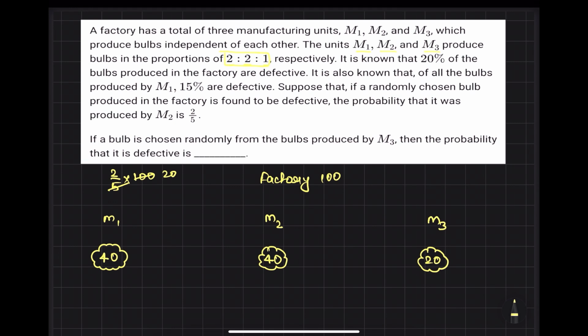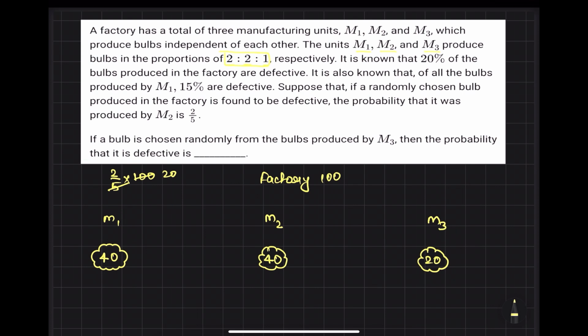It is known that 20% of the bulbs produced in the factory are defective. So altogether 20% of the bulbs are defective.